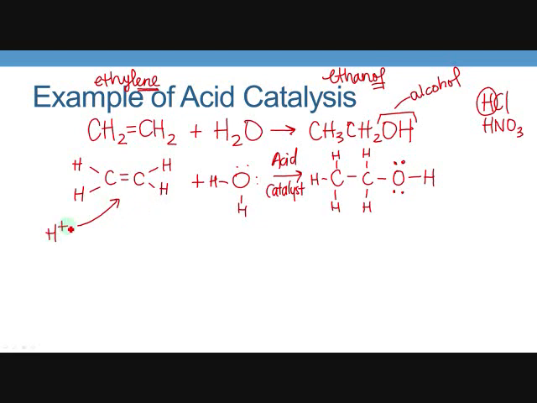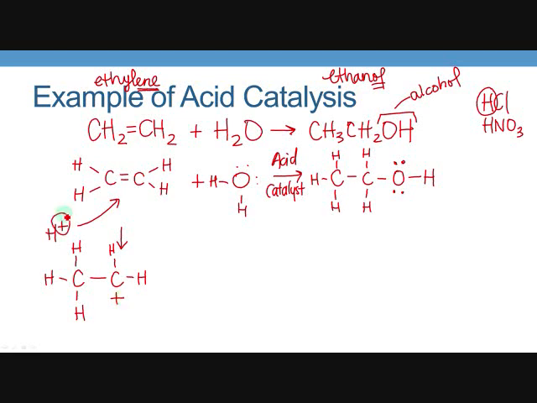And so this intermediate that it turns into, it breaks up the double bond, and so we will have 3 hydrogens on 1 carbon, and we've broken that double bond. So we have the other carbon with 2 H's, but then there's a positive charge on this side because the H plus has to go somewhere.